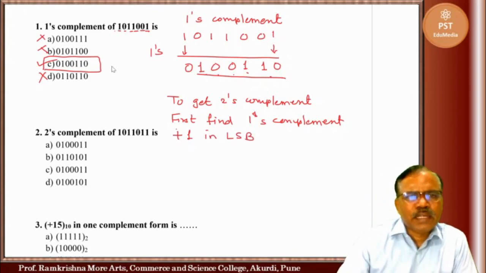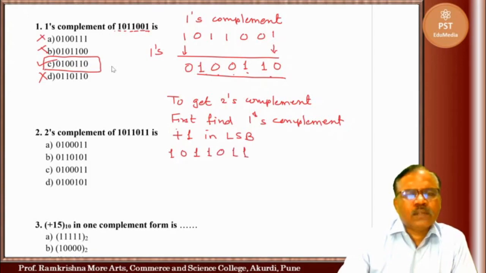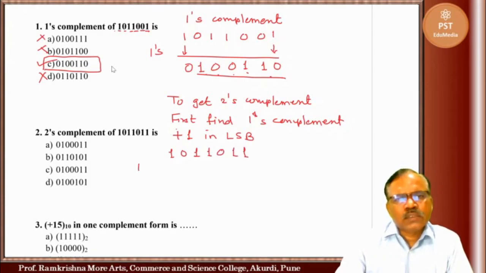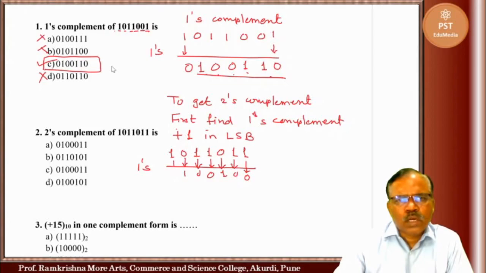So here the number is 1 0 1 1 0 1 1. Now for the one's complement, we have to invert this. If we invert this, 1 to 0, 1 to 0, 0 to 1, 1 to 0, 1 to 0, 0 to 1, 1 to 0.